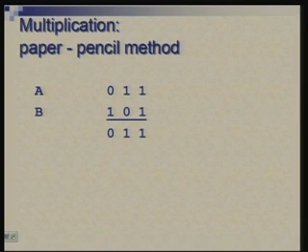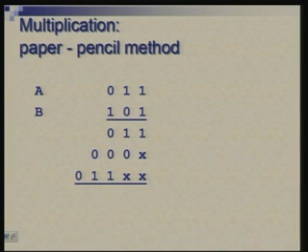Multiply by the LSB of B, we get 0 1 1, multiply A with middle bit of B, you get all zeros, multiply with the leftmost bit of B, you get 0 1 1. So, basically individual multiplication is multiplication with either 0 or 1, which is very straightforward. Multiplication with 0 results in 0, and multiplication with 1 results in the same multiplicand itself.